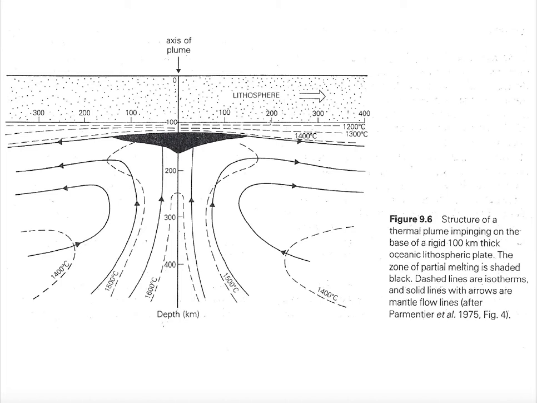I told you this before as well. And there we are always dealing with temperatures of about 1200 degrees Celsius. And here below we are dealing with temperatures where the partial melting takes place, of about 1400 degrees Celsius.